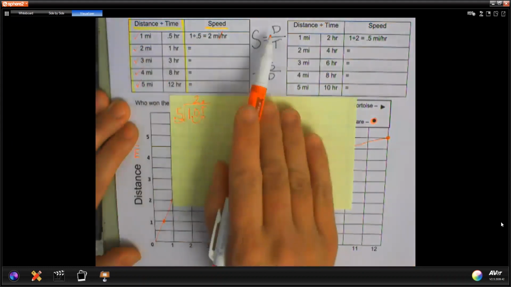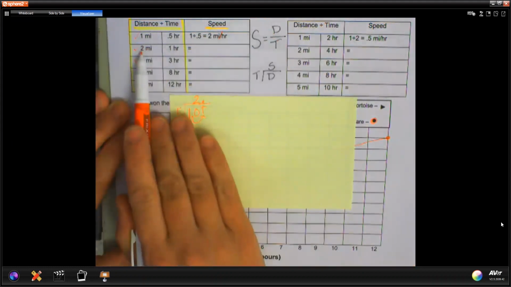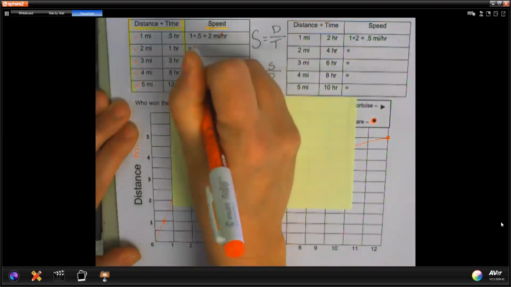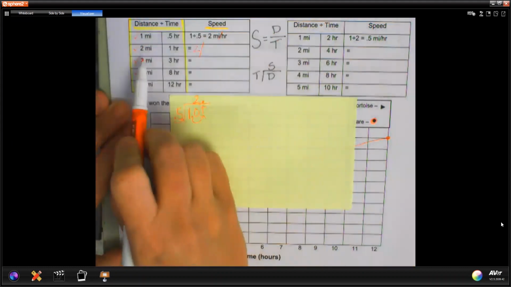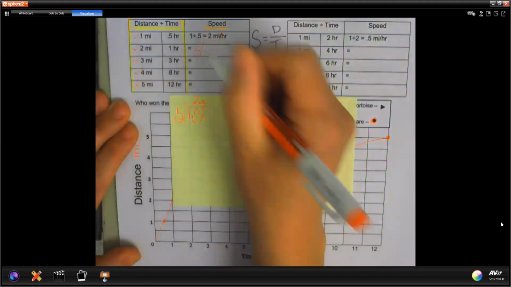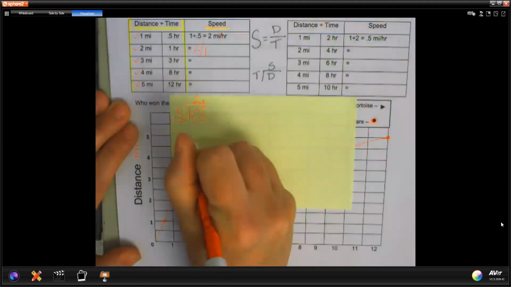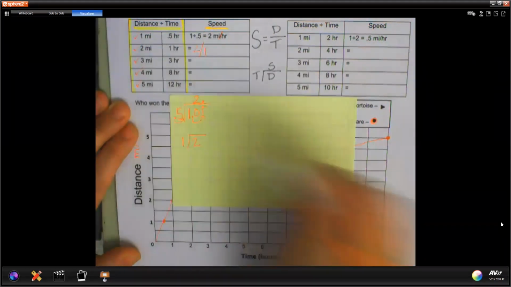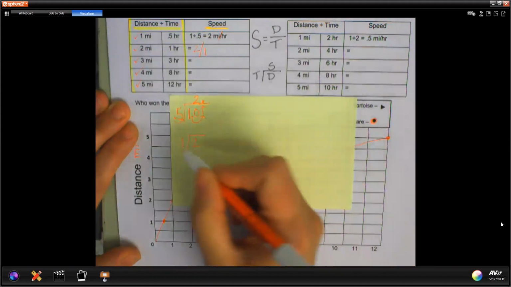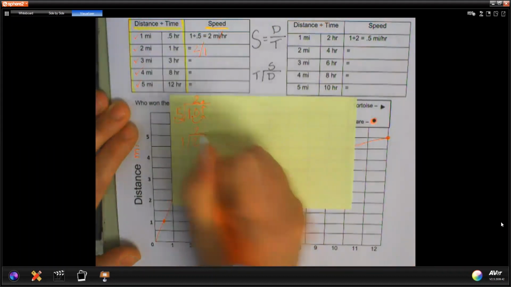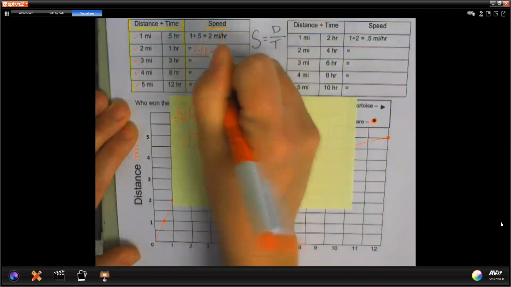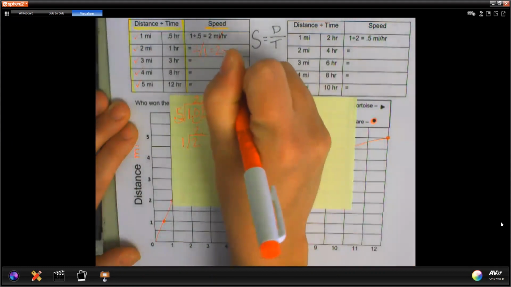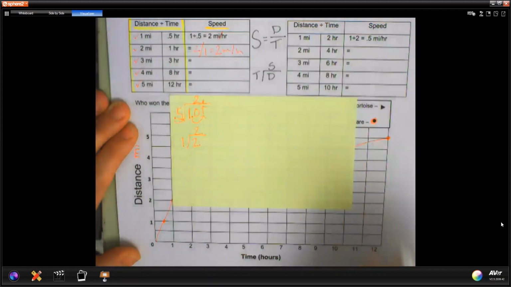Again, we have distance divided by time. So our distance of 2 divided by our time of 1 hour. I'm going to go ahead and divide that. This is a very easy division problem. 1 goes into 2, 2 times. So our answer is 2 miles per hour.